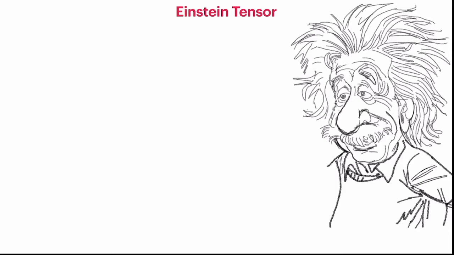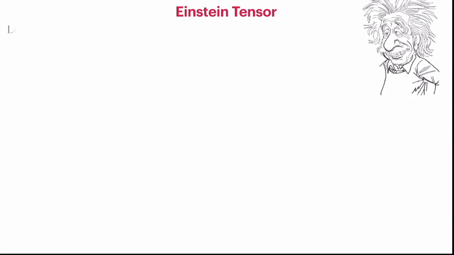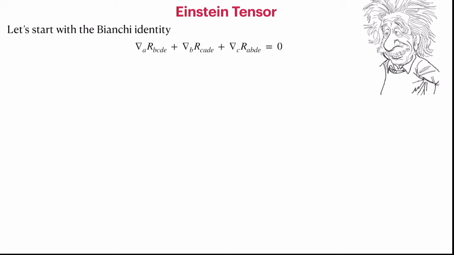In order to understand the Einstein tensor, we state its important property first, and that can be obtained straightforwardly from the Bianchi identity. To show what the Einstein tensor should be, we start with the Bianchi identity, that is the covariant derivative of the Riemann tensor, take the first three indices, cyclically permute them and add them up, and it is going to be 0.